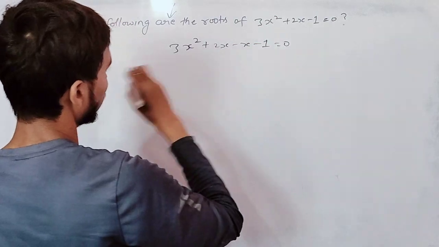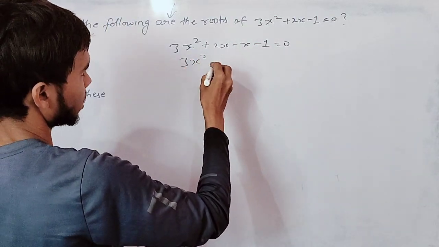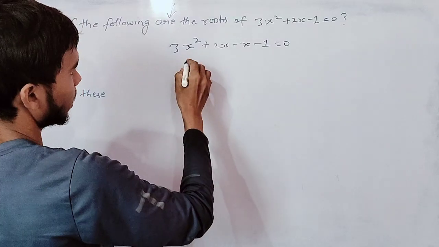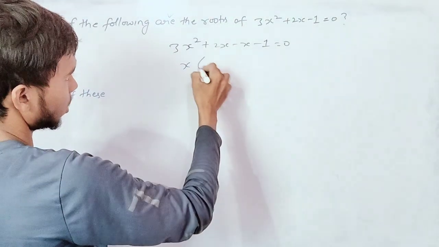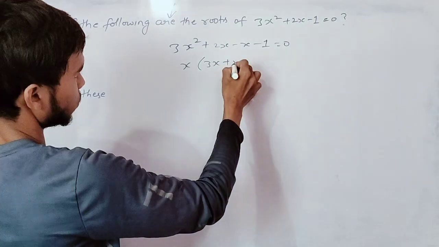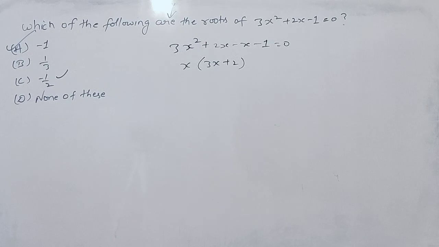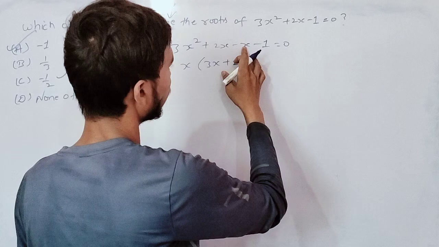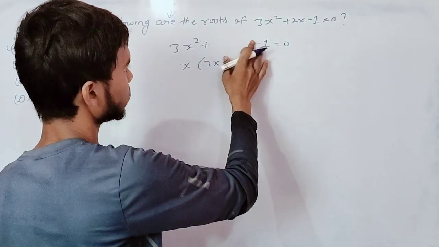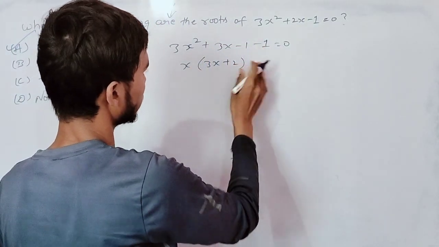Yes. Now here through 3x square we can take x common. 3x plus 2, this is happening. So here 2 minus 1, so it will become 3x minus 1, isn't it?